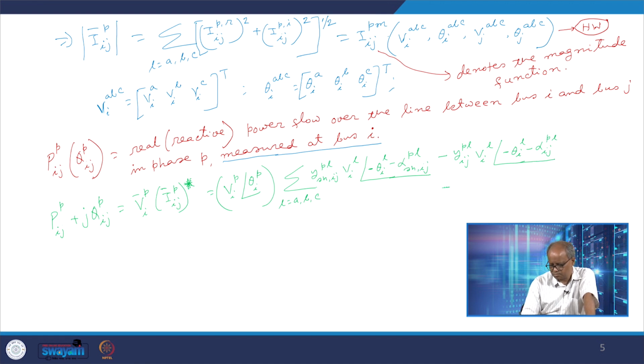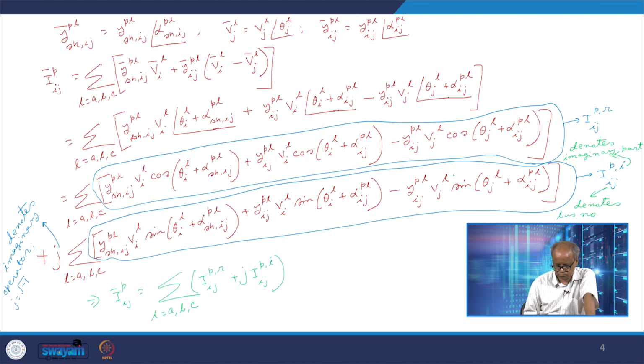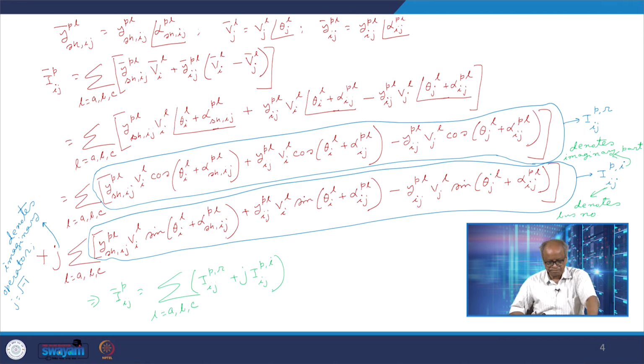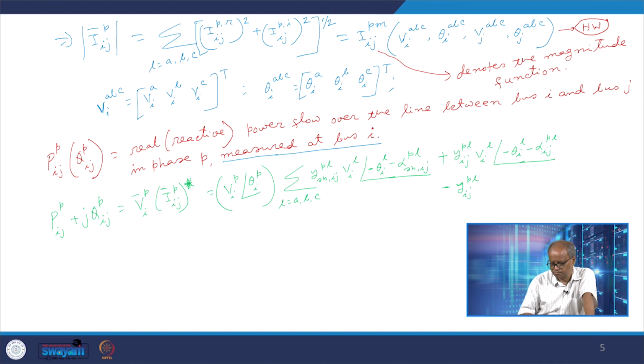And then Y_ijpl, it is plus, then Y_ijpl minus V_jl, minus theta_jl minus alpha_ijpl.